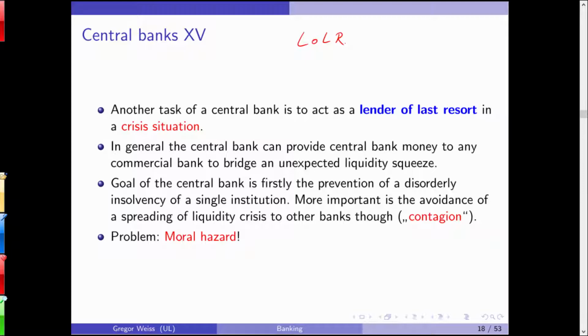And the second possibility is what was done during the financial crisis in the US. Do you know what TARP means? T-A-R-P, the TARP program, or simply TARP, the Troubled Assets Relief Program.